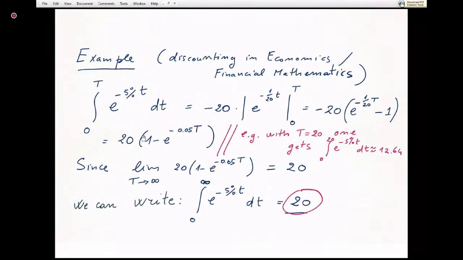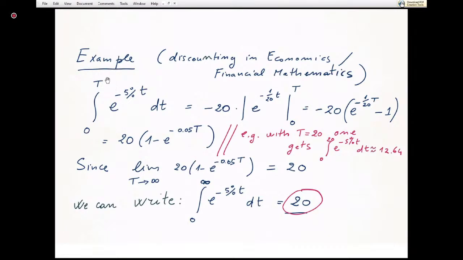So the present value of a constant flow of 1 euro over a time horizon of, for instance, 10 years, is 20 times 1 minus exponential of minus 0.05 times 10, okay? What is the integral between 0 and infinity of this quantity?